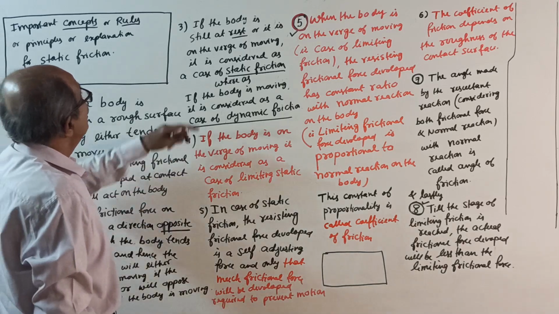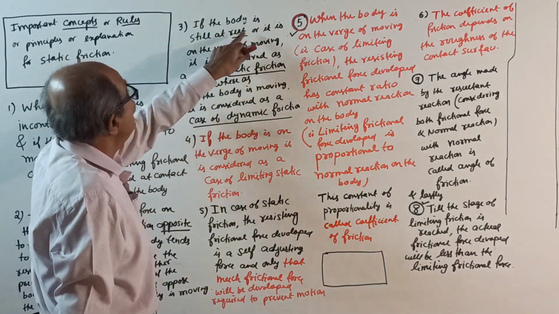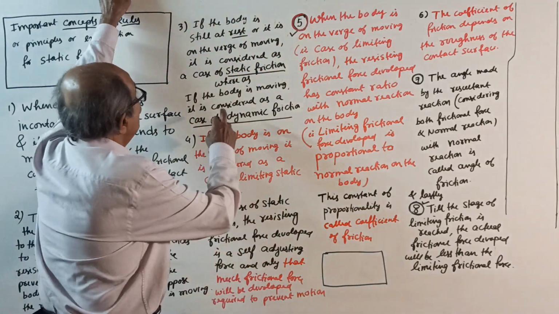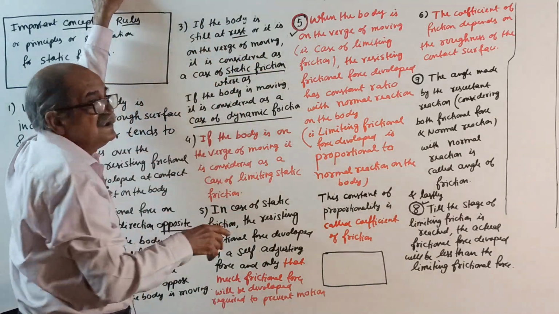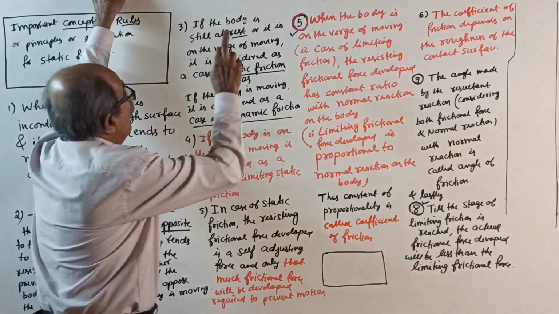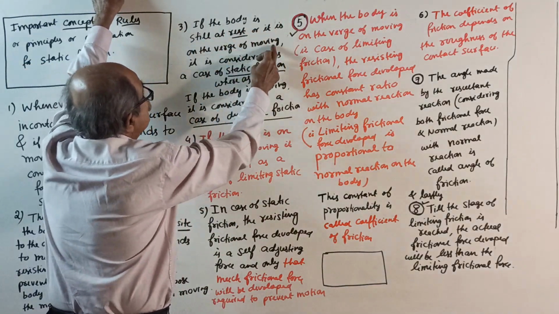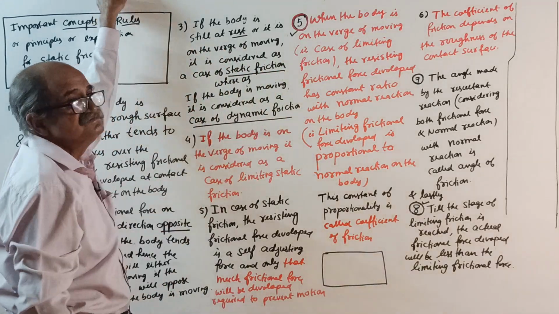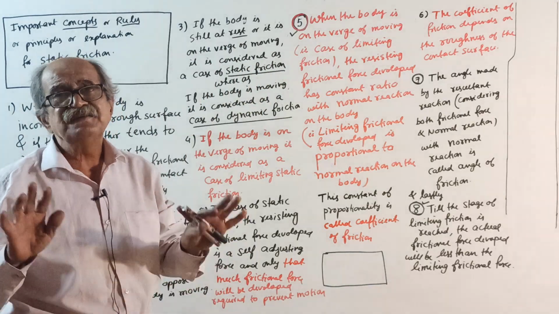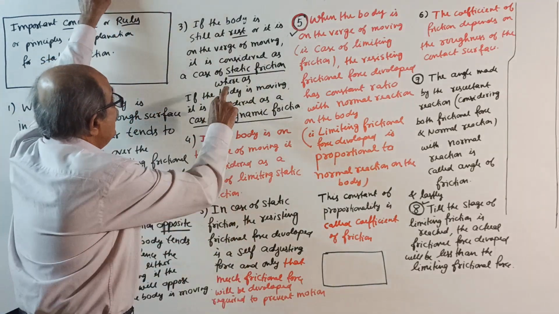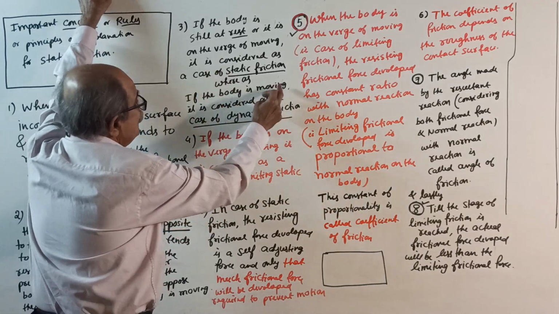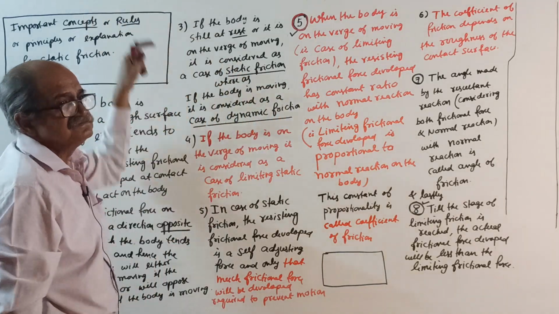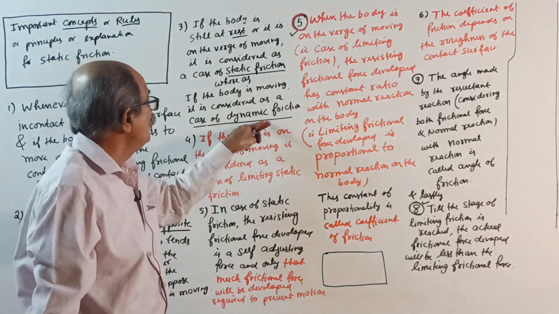Third: if the body is still at rest or on the verge of moving, it is considered a case of static friction because motion has not started. Whereas if the body is moving, it is considered a case of dynamic friction.